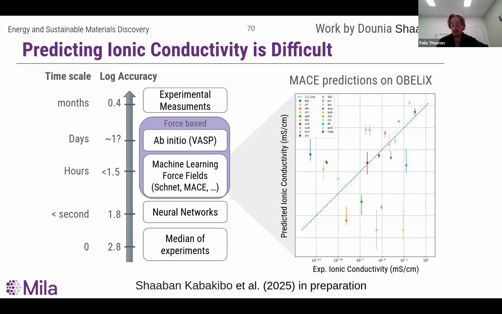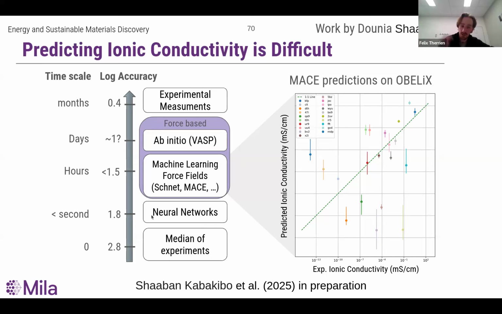If we measure this error directly, it's even worse than for the neural networks that I showed before. So it's a difficult prediction to make, and we're using fine-tuning to see if that can improve the predictions. This is one thing we're working on. That takes on the order of minutes to hours to make one prediction, so I think maybe less than an hour for one material.